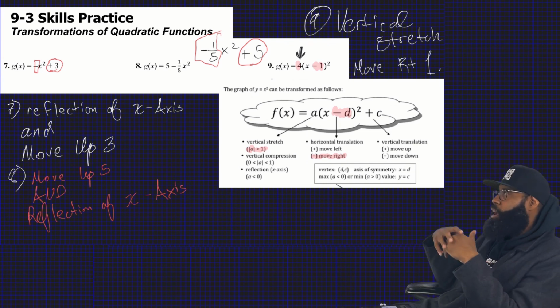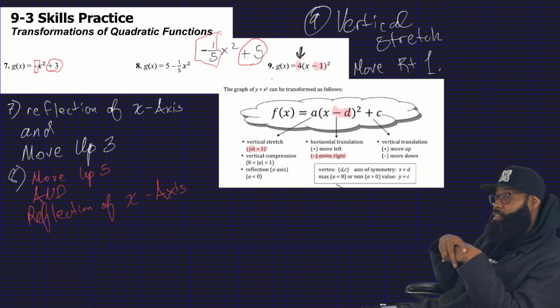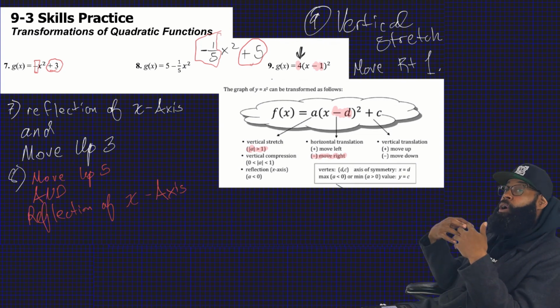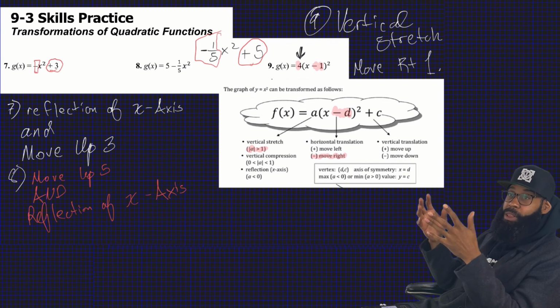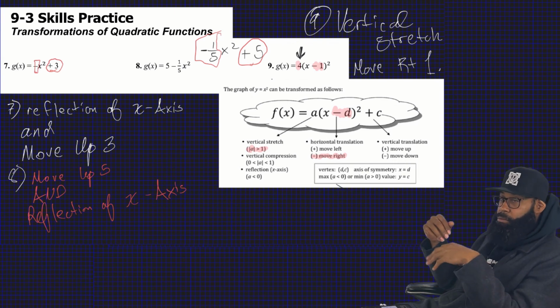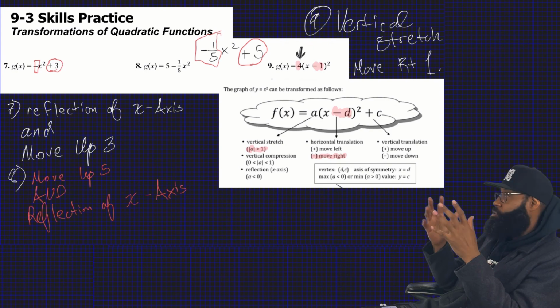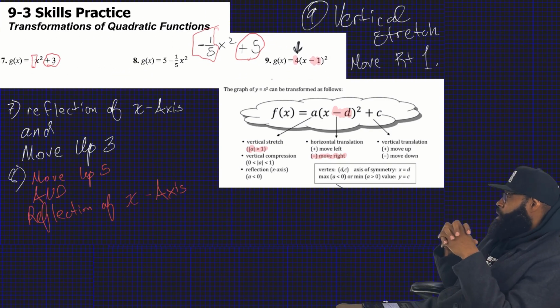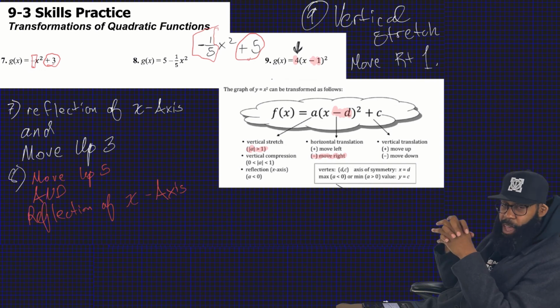We're looking at a quadratic function and it's telling us something. It's telling us how it's moving, up, left, right, down, and whether it's compressing or stretching, right? And we're using this formula, f of x is equal to a parentheses x minus d all squared plus c, to determine what is happening to that.